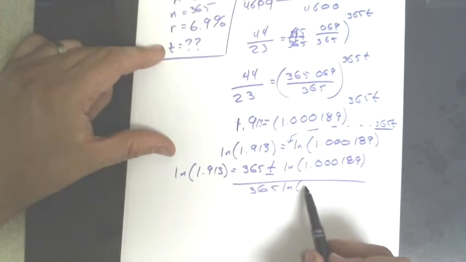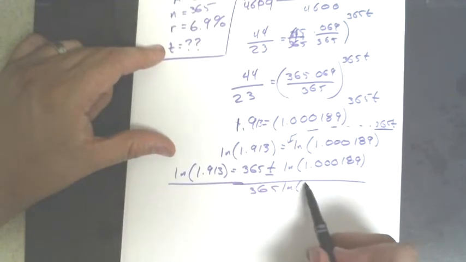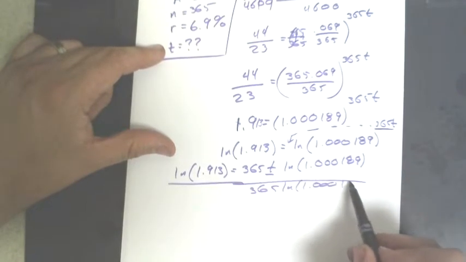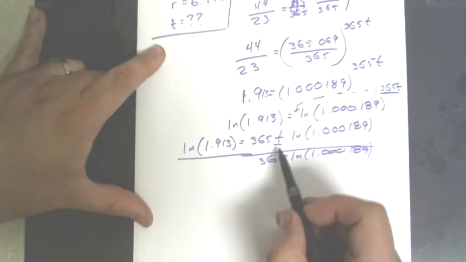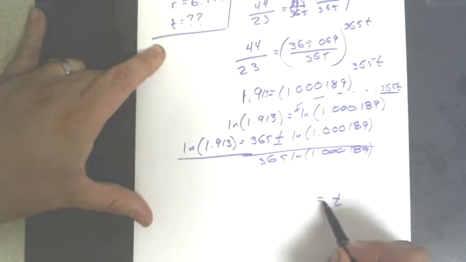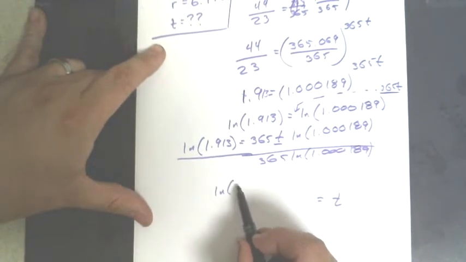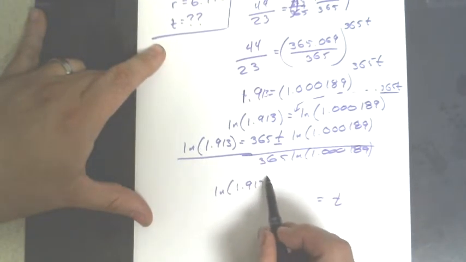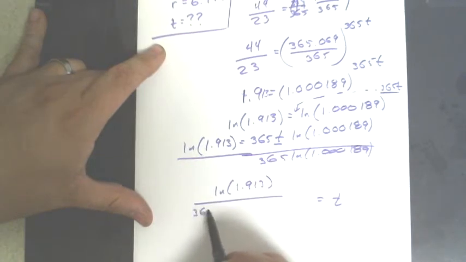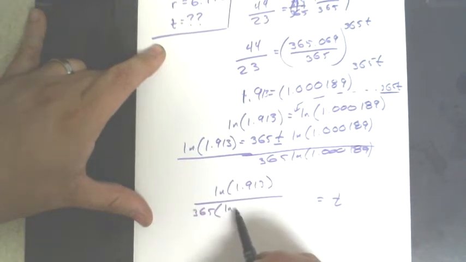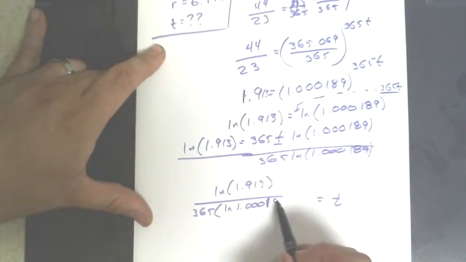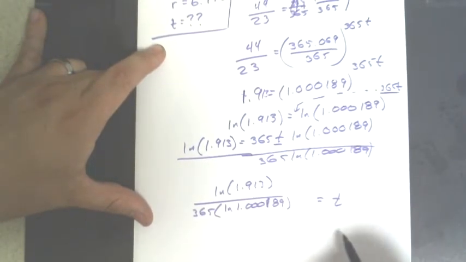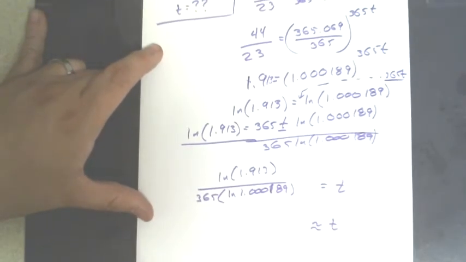We get the ability to do that from the power property because we have a logarithm. So we're left with t equals the natural log of 1.913 over 365 times the natural log of 1.000189. And we'll be able to get an approximation from that.